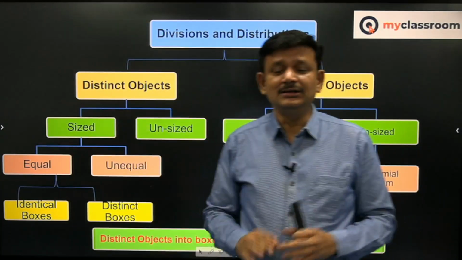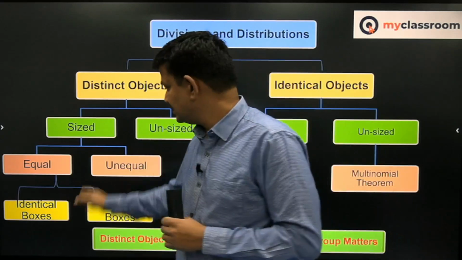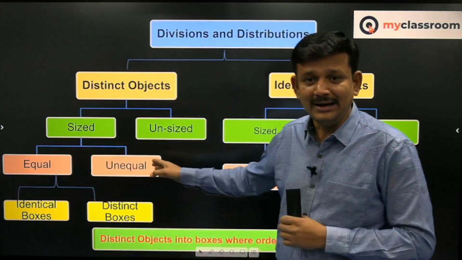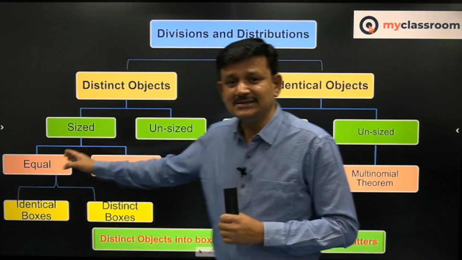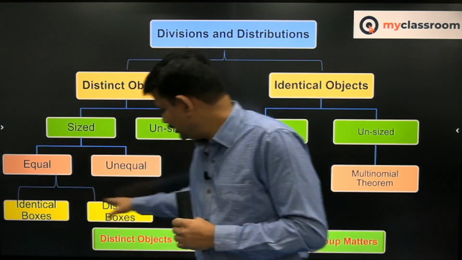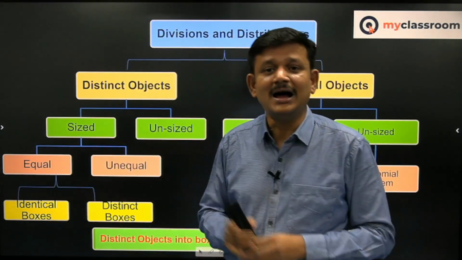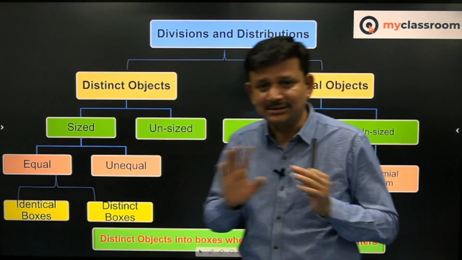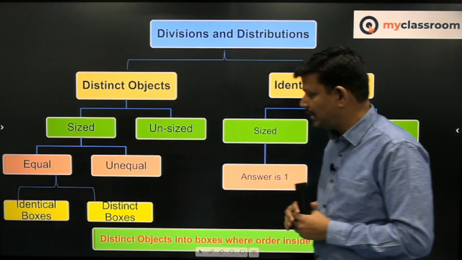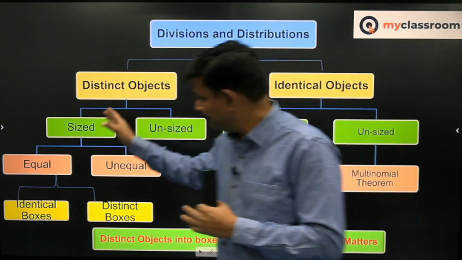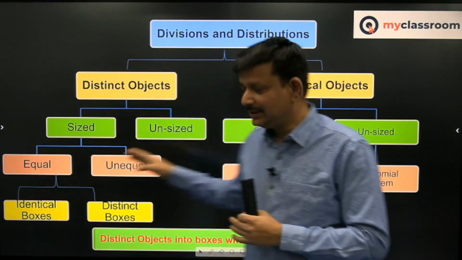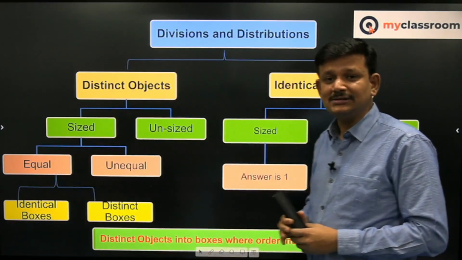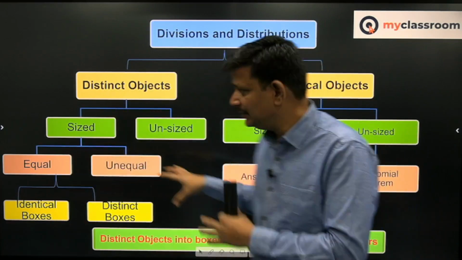If the sizes are given, then you have to ask one more question, whether the sizes are equal or unequal. When the sizes are equal, you have to again check whether the boxes are identical or distinct. When the sizes are unequal, it does not matter whether the boxes are identical or distinct, but when the sizes are equal, it matters a lot whether the boxes are identical or distinct.